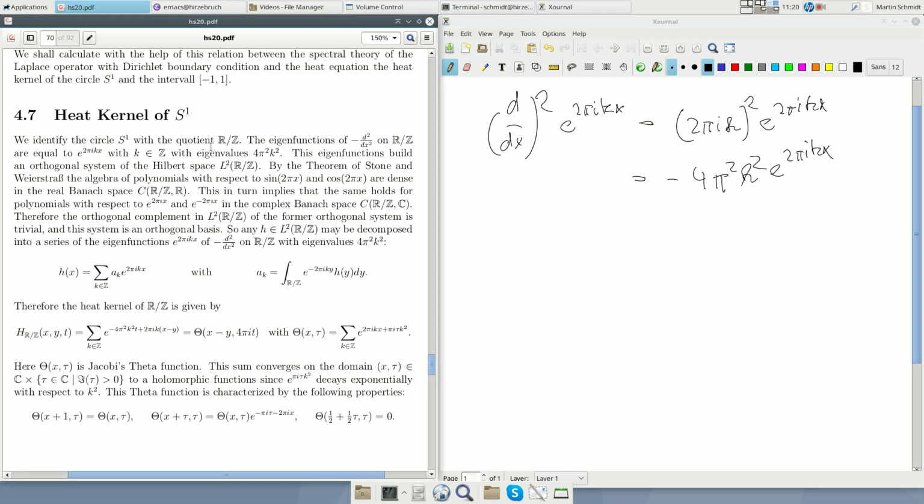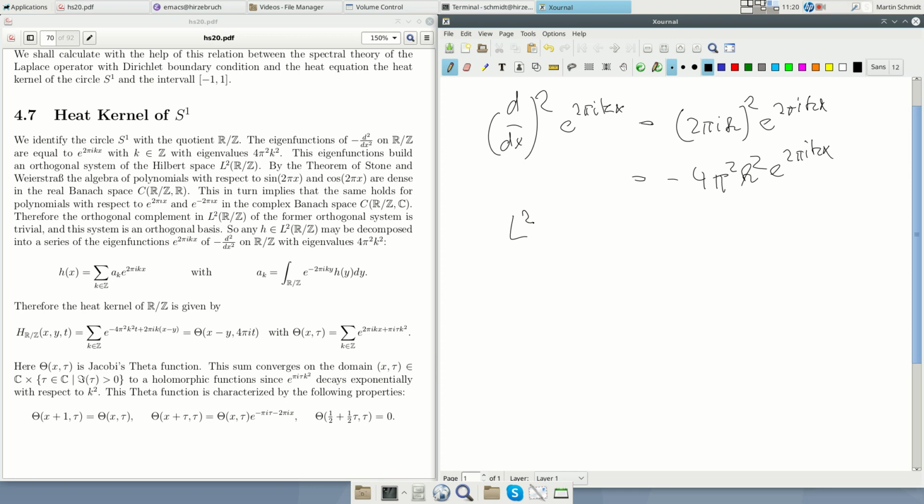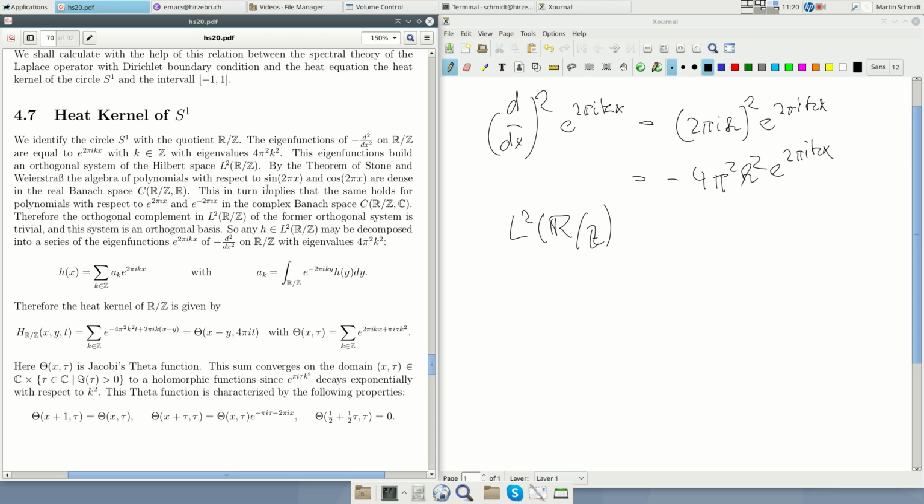Now these eigenspaces are in L2. If we use L2 of R divided by Z, this means we just integrate from 0 to 1 for all these functions.